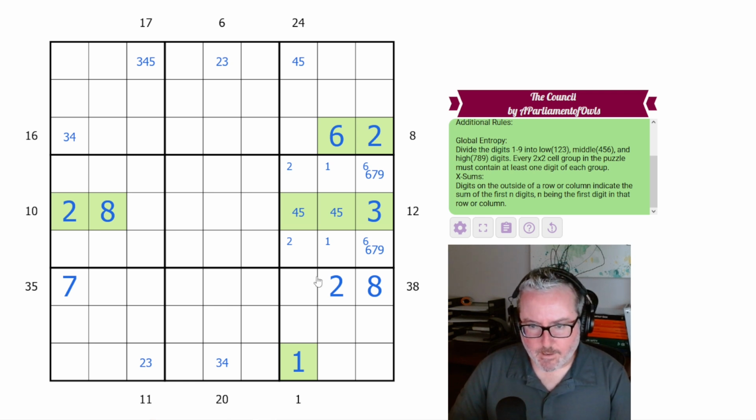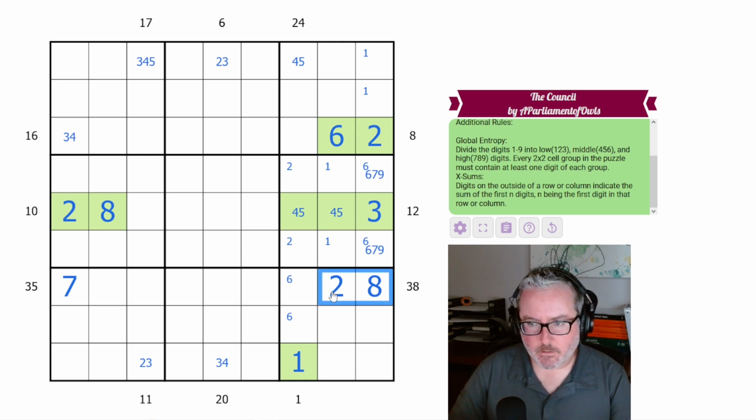All right, now that we have this further figured out, what can we do? Let's put a 1 up here to start with. Put a 6 down here to start with, because we have the 6s and the 1s, of course. Now let's start looking again at the entropies.